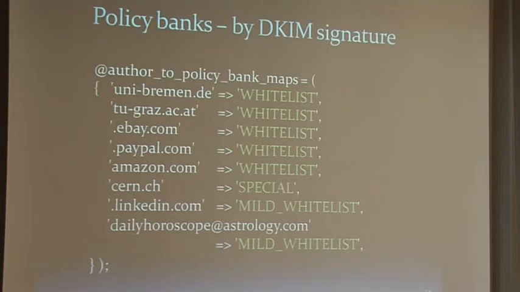It can load a policy bank based on a valid DKIM signature, which is quite a handy tool because you can treat, for example, mail which is reliably coming from eBay or wherever, Technische Universität Graz, and give it some other treatment like whitelisting, not necessarily only for spam, also whitelisting for banned contents, for viruses if you like, for whatever.